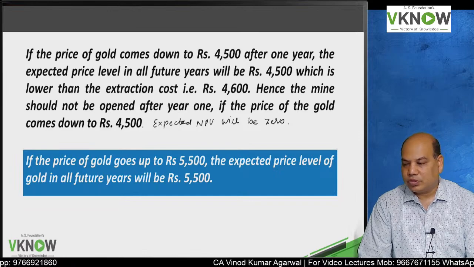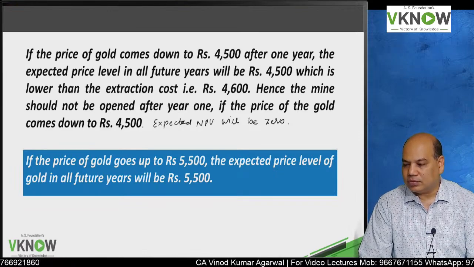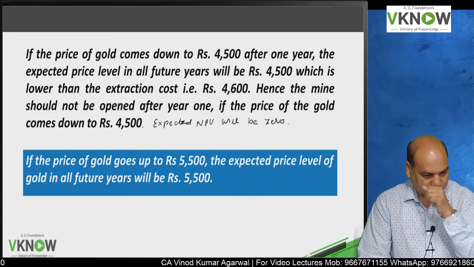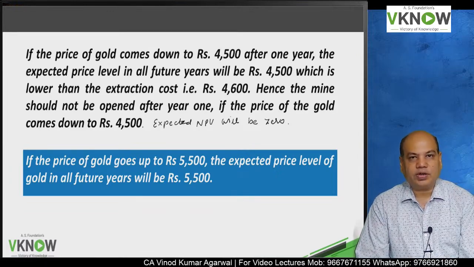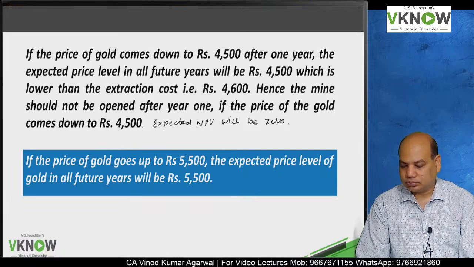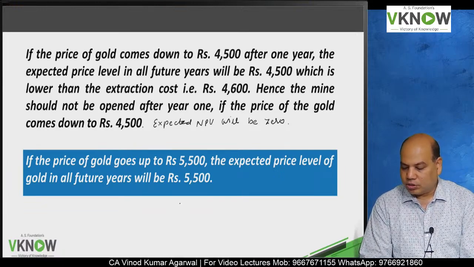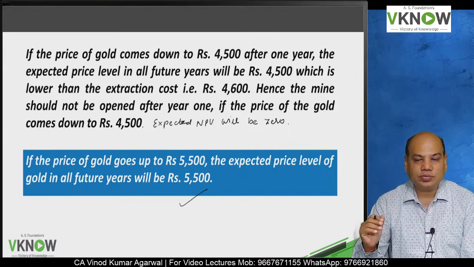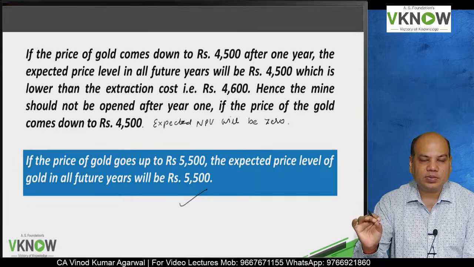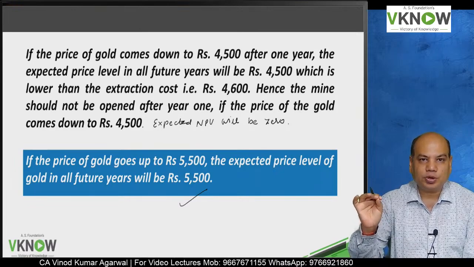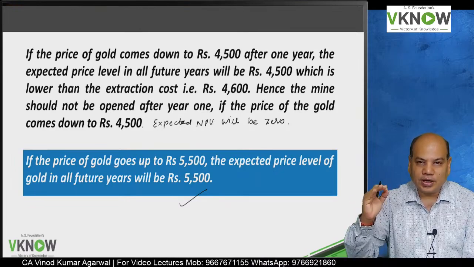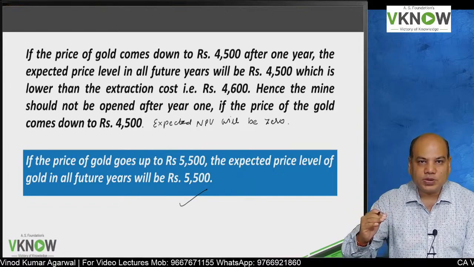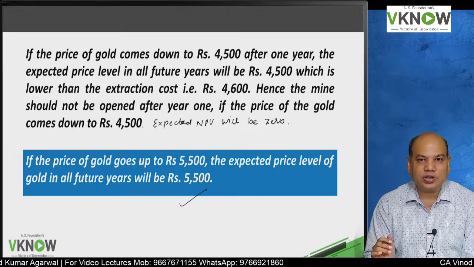Is it right? So I don't need to calculate. We have understood that if you start from 5,500 and the probability is 0.5 and 0.5, the rise and fall are by equal amounts, 500 and 500, so your expected value will be 5,500 only.